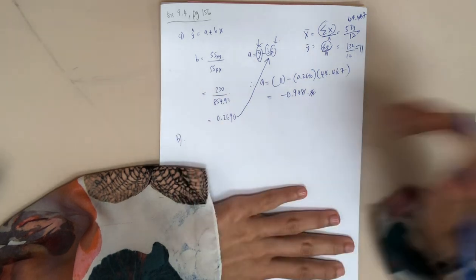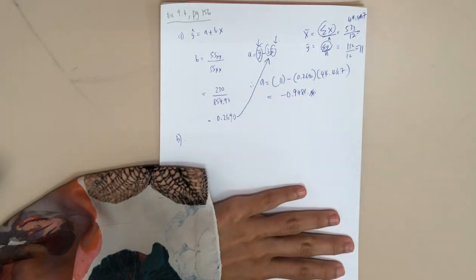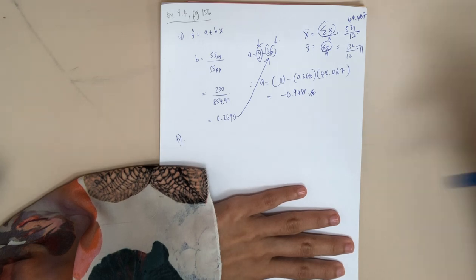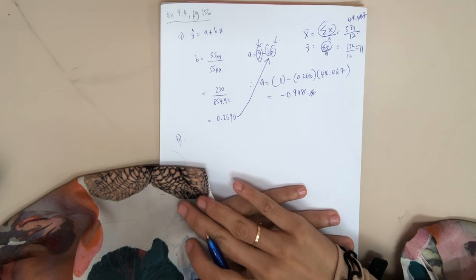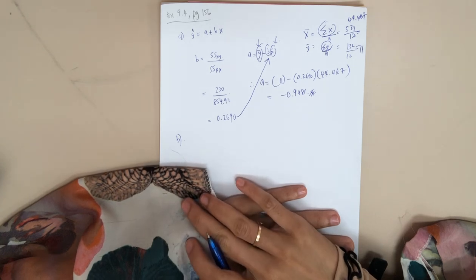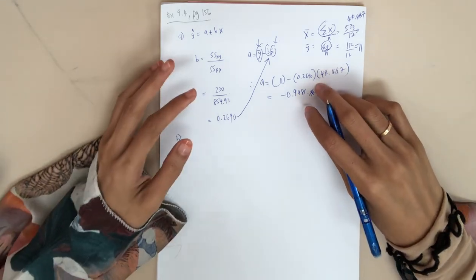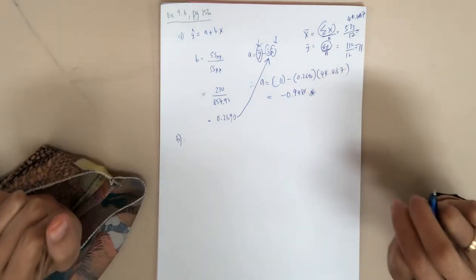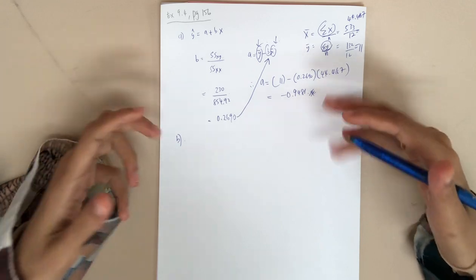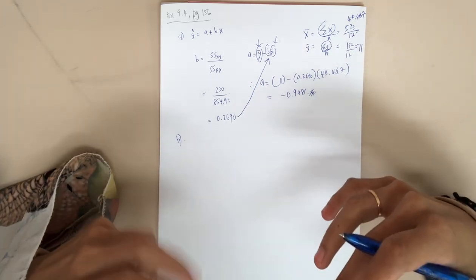Okay, part B. For B, the question asks you to give a brief interpretation of the values of A and B calculated above. Basically, this is not mathematics here. You need to interpret; you need to give the answer in a sentence.